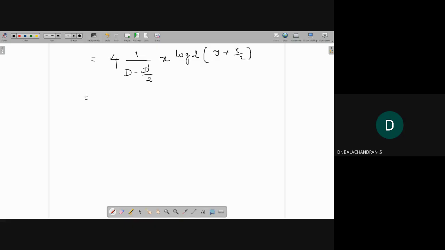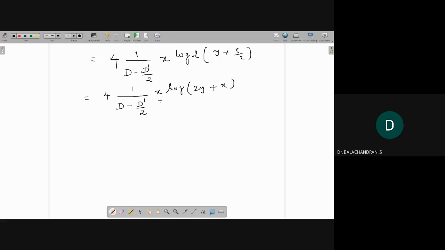Now this is equal to 4 into 1 by d minus d dash by 2 into x of log, multiply by 2, you get 2y plus x.